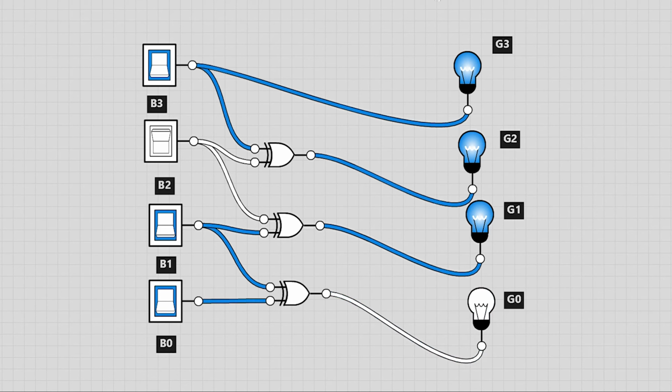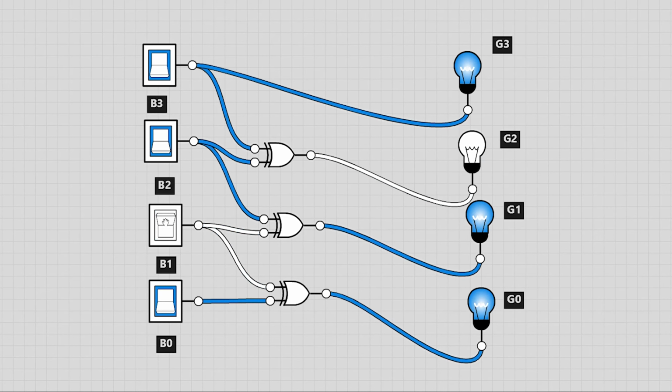When the inputs B3, B1 and B0 are 1, the outputs G3, G2, G1 are 1. If B3 is 1, B2 is 1, B1 is 0 and B0 is also 0, then the output is G3 is 1, G2 is 0, G1 is 1 and G0 is 0.